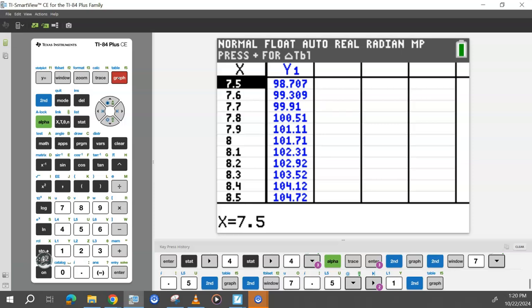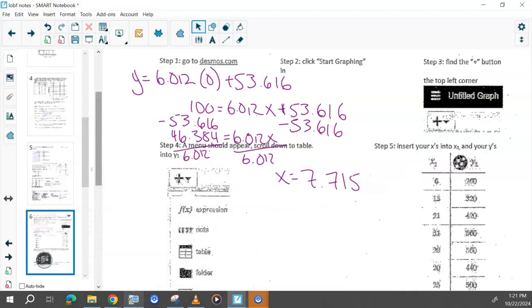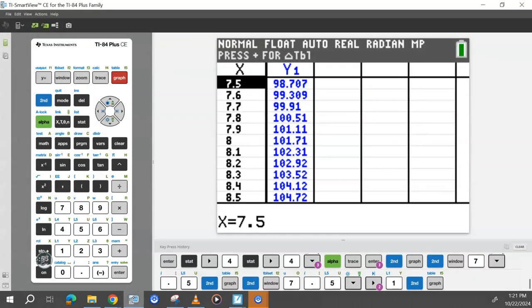Okay, so now I can see at 7.8 is when it goes over. If I were to keep going, I could get that answer that we found by going back and changing that to 0.01 and 0.001 and keep doing that if I wanted to get a more specified decimal.